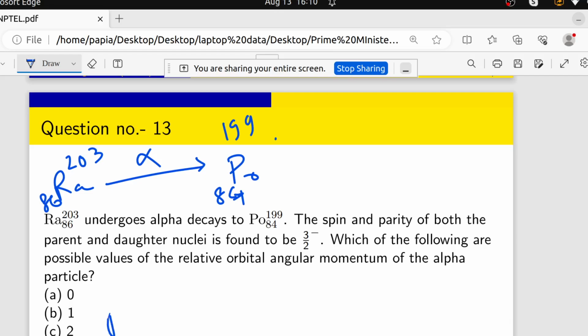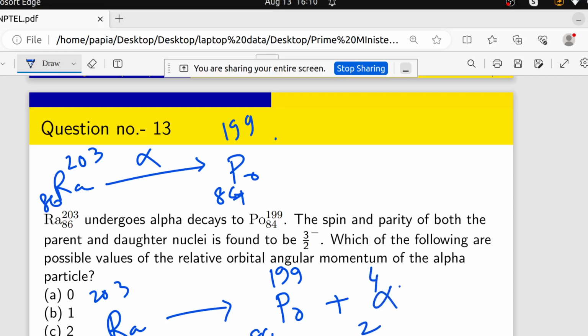So what they are asking, let's say I am writing here clearly, polonium 84199 plus alpha 24, right? So here spin and parity, that means IP. So IP is 3/2 minus for radium, 3/2 minus for polonium itself, and what will be the value of IP?